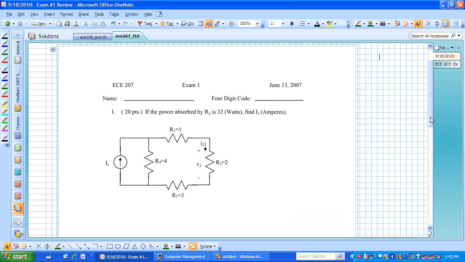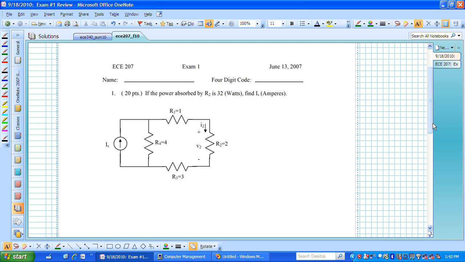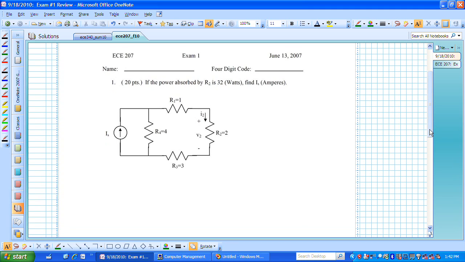Good afternoon. Let's look at a practice problem to get ready for an exam or just to practice circuit techniques in general. The first problem that we'll look at is problem number 1 on an old exam from the summer of 2007.